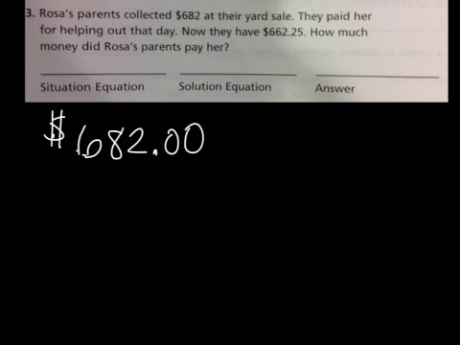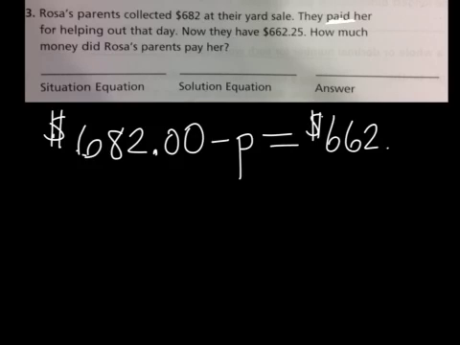Then they paid her. When you pay somebody, you are getting rid of money. So they paid Rosa, I'm going to say P for paid. Now they have $662.25. That's your situation equation.